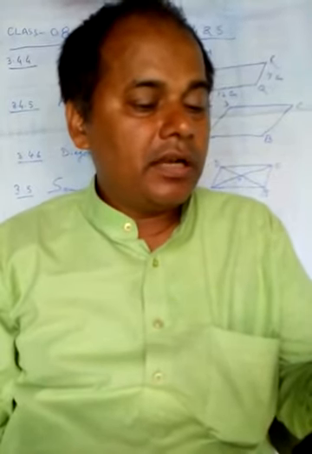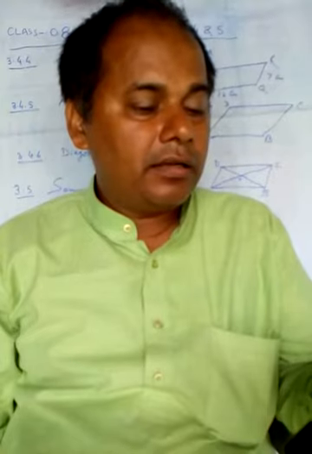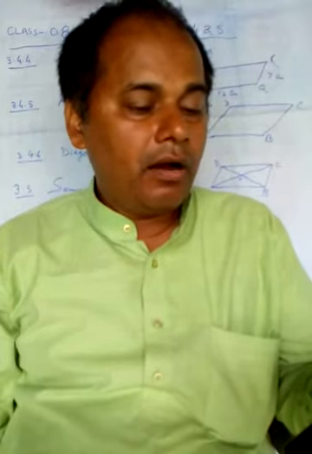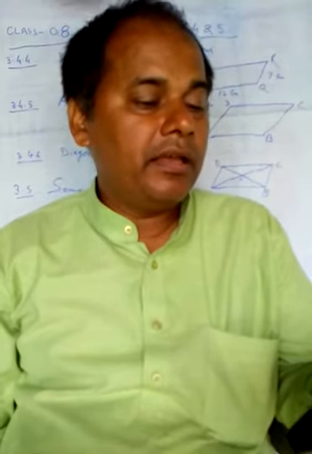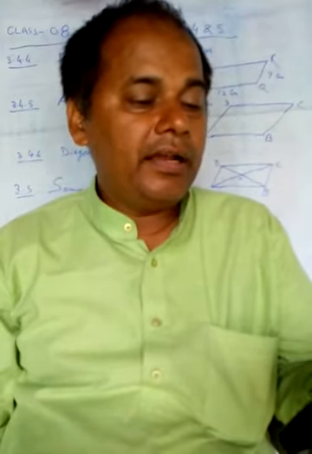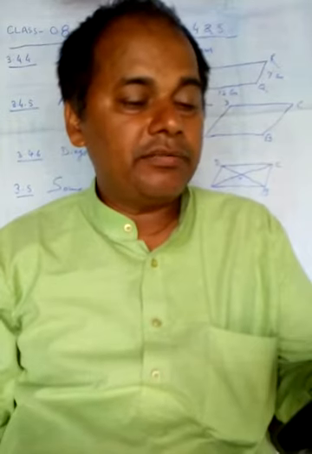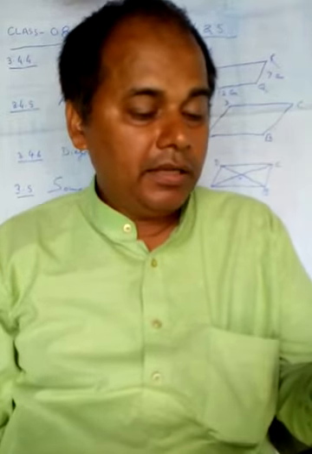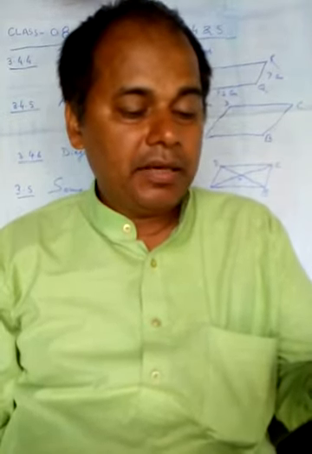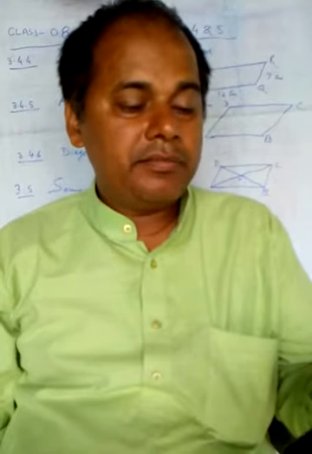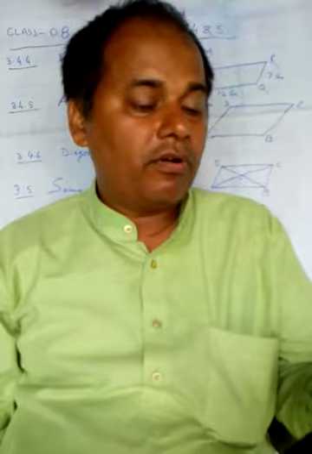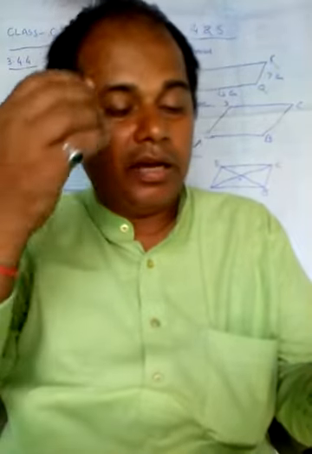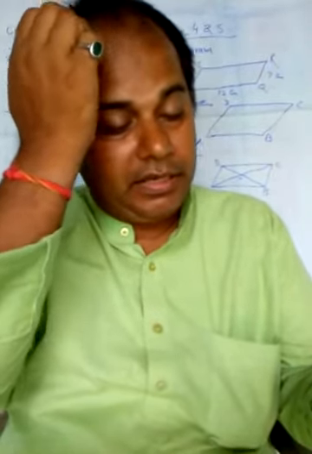Do this. Take cutouts of two identical parallelograms, say ABCD and A dash B dash C dash D dash. See the figure 3.19. Here AB dash is same as A dash B dash except for the name. Similarly, the other corresponding sides are equal.